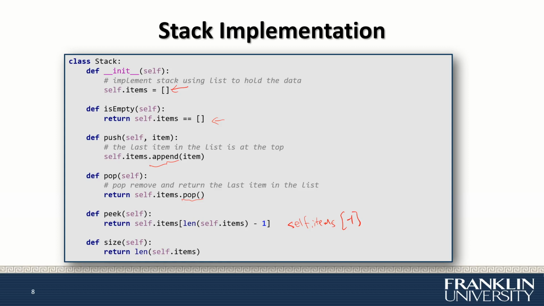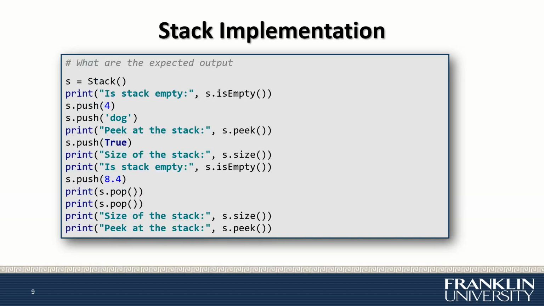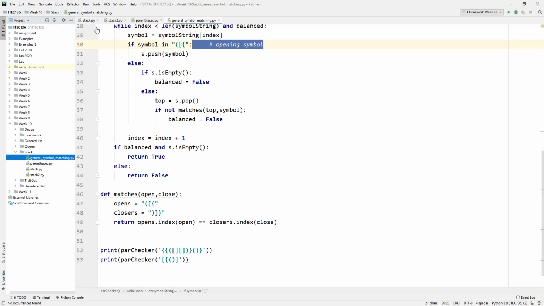Size uses the length function to return how many items are in the items stack. And to try this, we can test the code. Again, we create the empty stack, check whether the stack is empty, push some items to the stack, and check out other stuff. So let's try that in PyCharm.